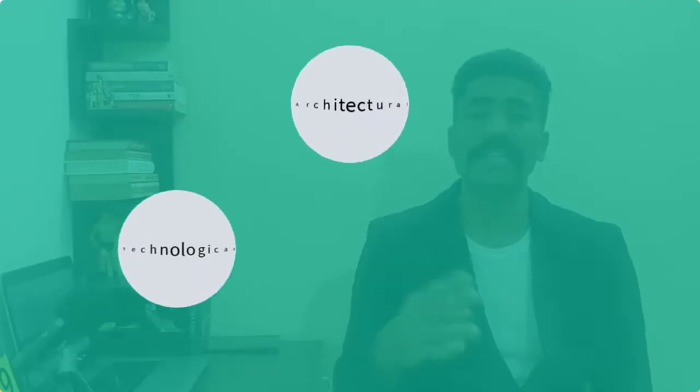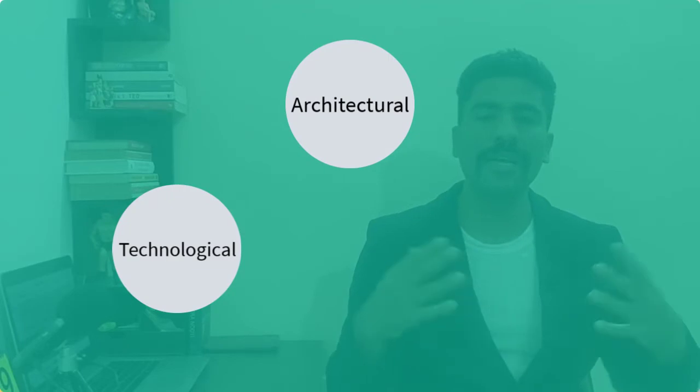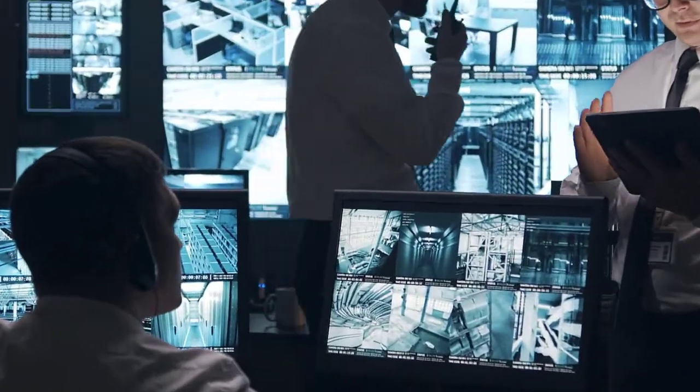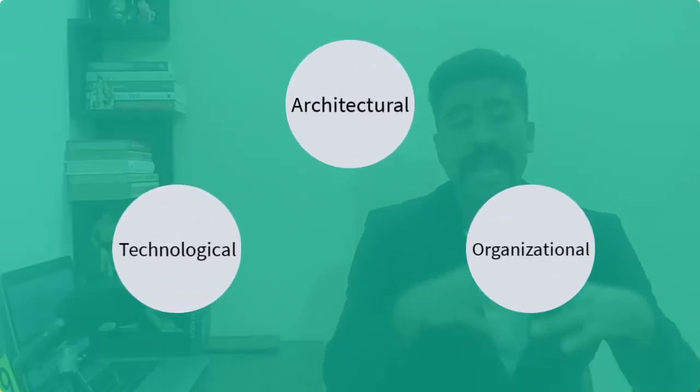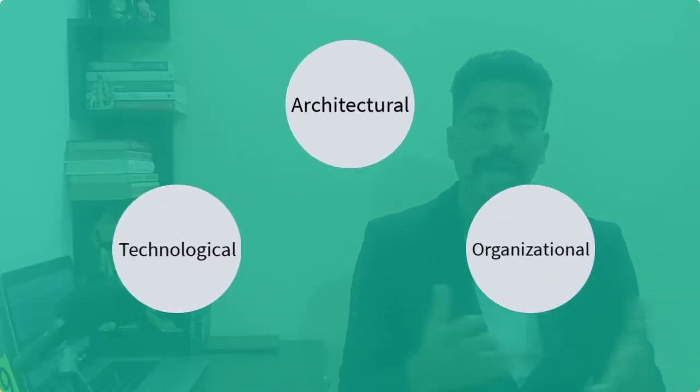And number two is technological. What are the different kinds of technologies you are going to use to protect your information? And number three is organizational. Under the organization, you have manpower, policies, procedures, management control, and everything. So three important factors: architectural, technological, and organizational.